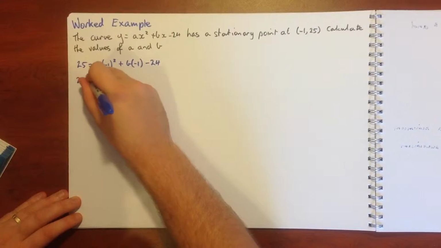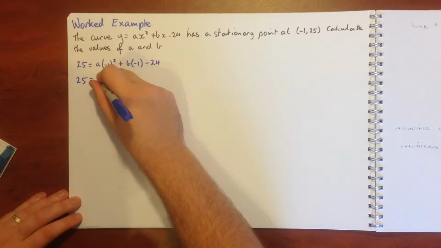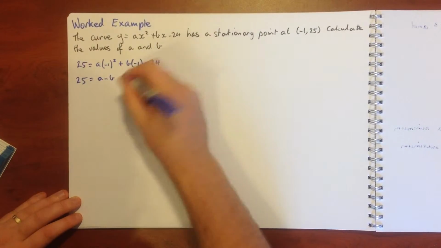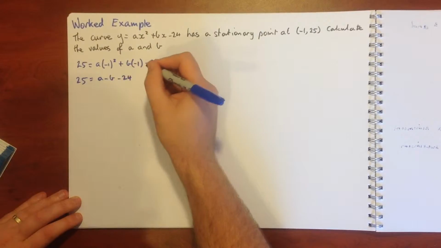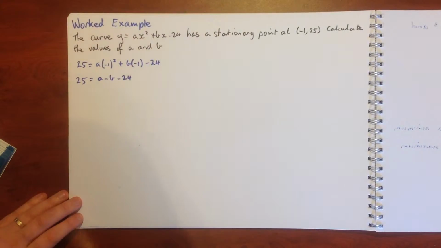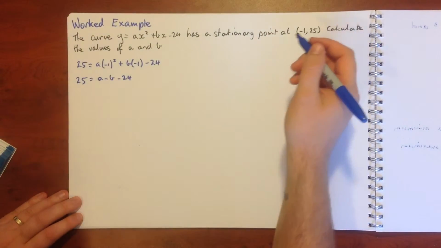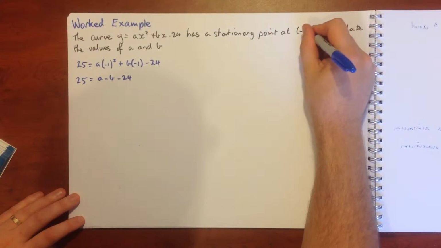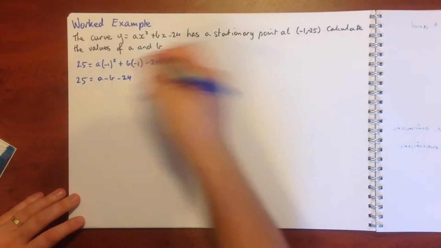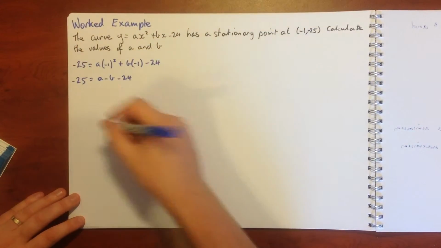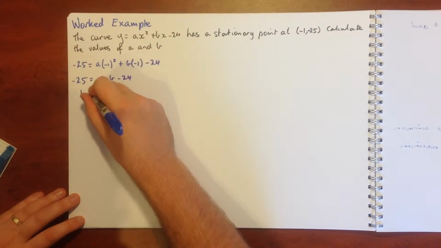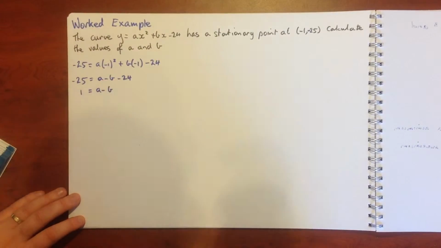We've got 25 equals a, take b, take 24. So that we get 1 equals a, take b.